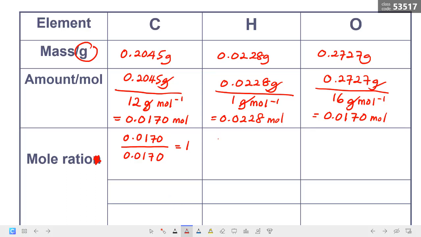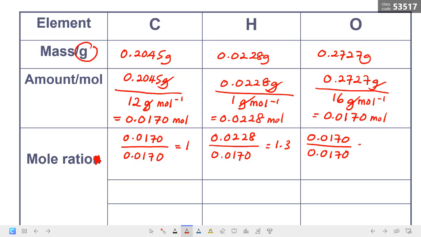Alright, continue with hydrogen. 0.0228 divide by the smallest mole 0.0170. So you selesaikan, you akan dapat 1.3. 1.3 tak boleh round off sebagai 1. Alright. Okay, next continue with oxygen 0.0170. Right, divide by 0.0170. Okay, so here we also get 1.